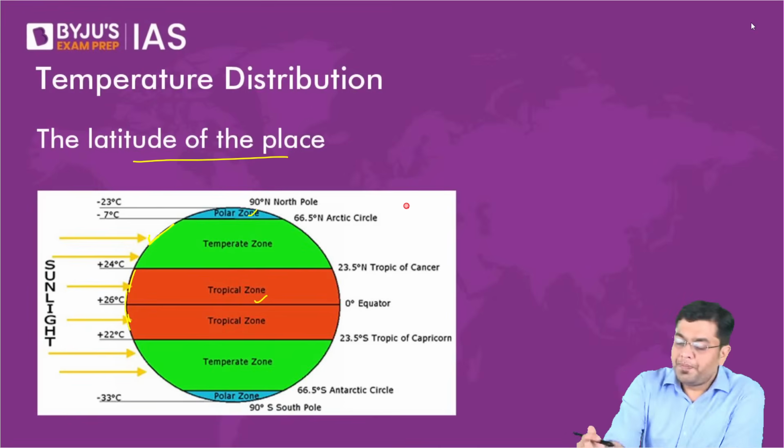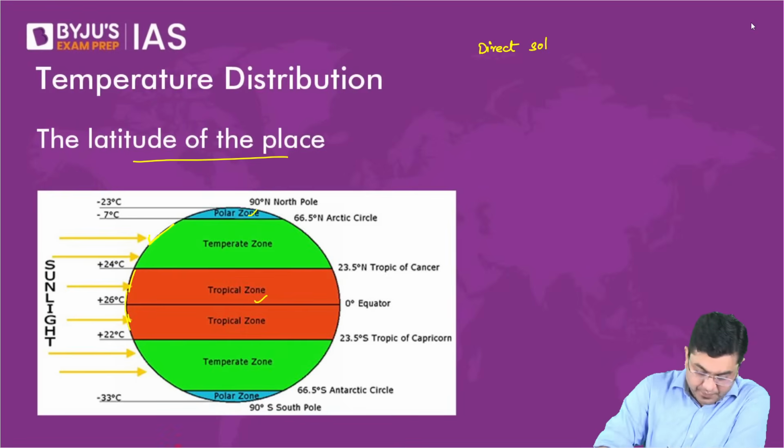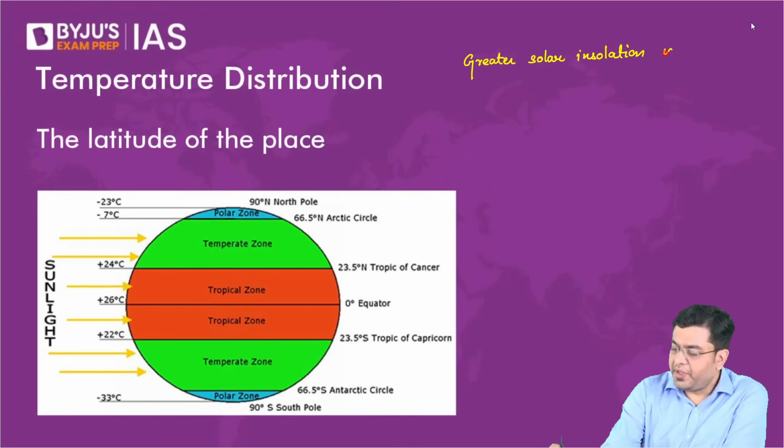So we do know that direct rays of the sun, direct solar insolation, or rather, greater solar insolation is received in lower latitudes. And why is that?